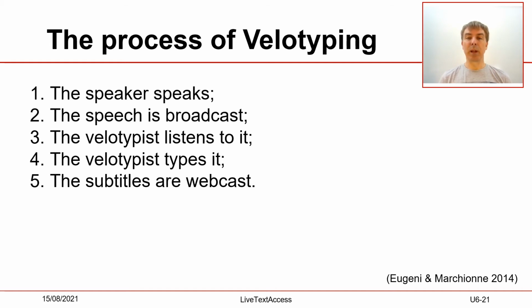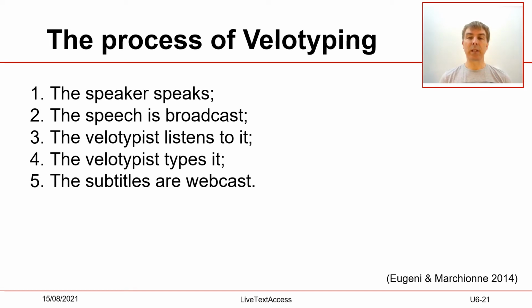In TV subtitling, the whole process between the speaker speaking and the audience reading the subtitles consists of 5 steps, as you can see from this table. In particular, the first step is the speaker speaking, which is not that banal as it may seem, because depending on who speaks the source text and how, several approaches depend.